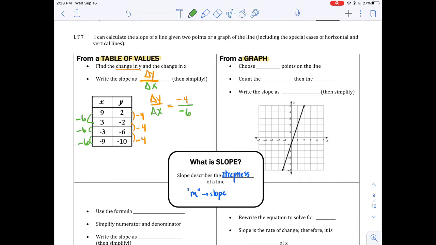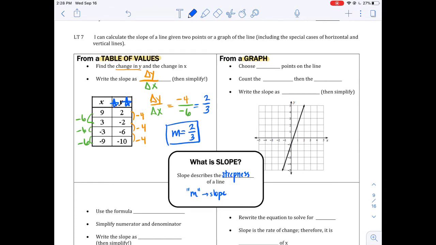Okay, and then we're always going to look at our fraction and see if we can reduce it. So I have -4 over -6, which reduces to 2/3. So my final answer would be 2/3. Again, big idea is that it's our rise over our run. So y always goes first, and it will be in our numerator.